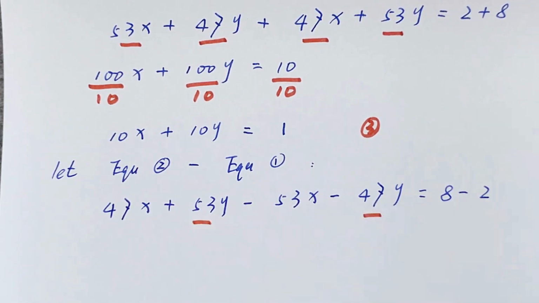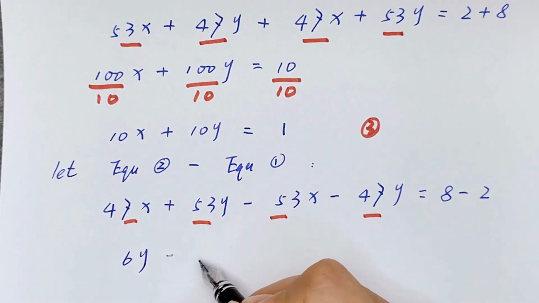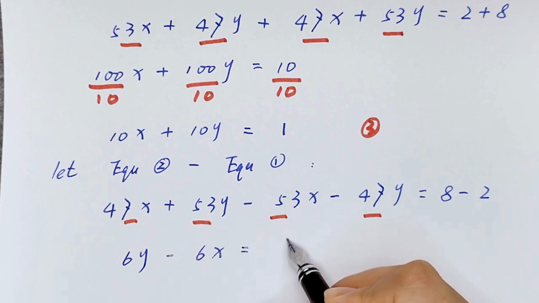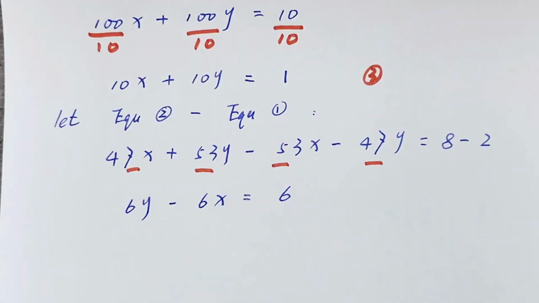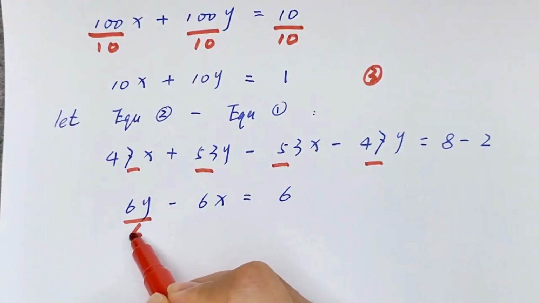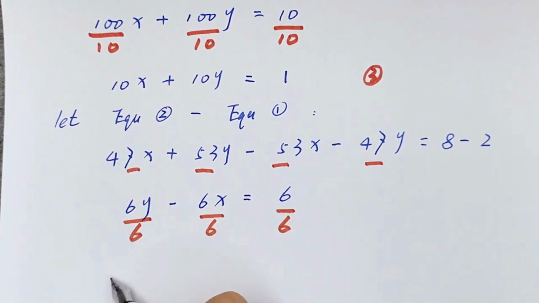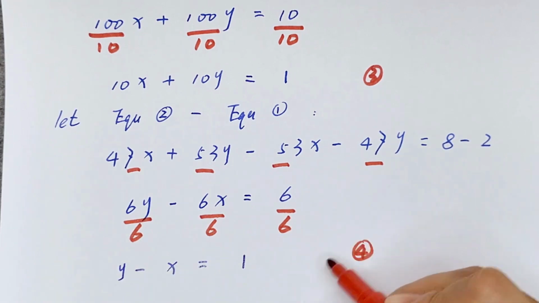This minus this equals 6y. And this minus this equals negative 6x is equal to 8 minus 2 equals 6. Now we divide it by 6 in both sides. It will be y minus x equals 1. We let this equation 4.